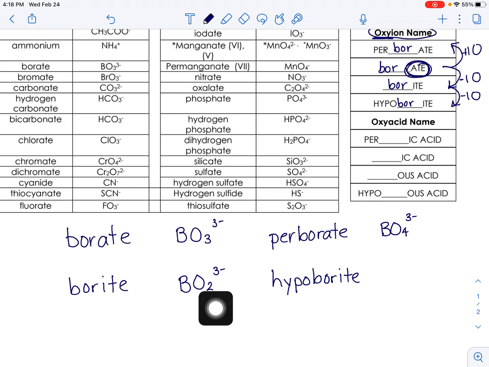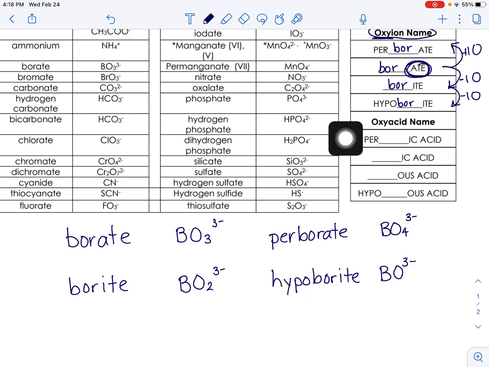So this one has 2 oxygens, so hypoborite is just going to have 1. And valence stays the same for all of these. So for all of the oxyions that we have listed already in here, we're given the -ate version, that will tell us the valence, and then the difference in number of oxygens will be based on here.